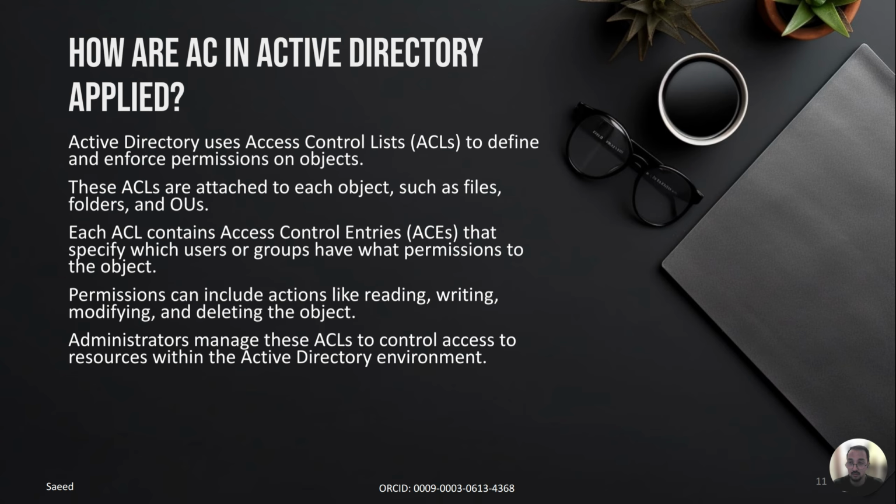These specify which users and groups have access to what object. Permissions can include actions like reading, writing, modifying, and deleting the object. So, for example, the data within a database.